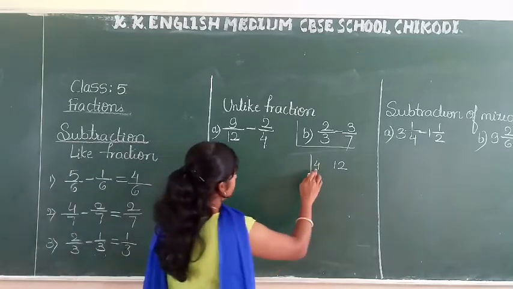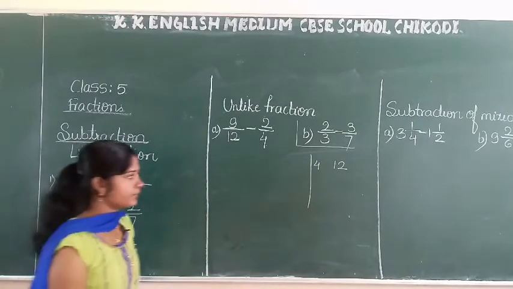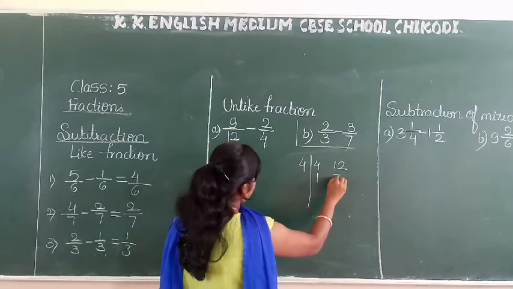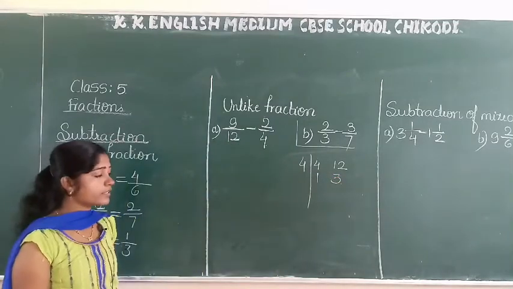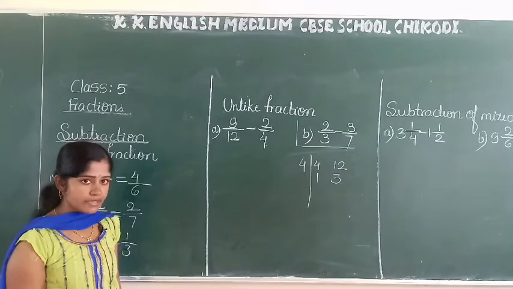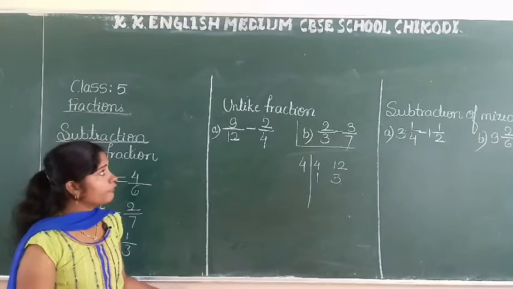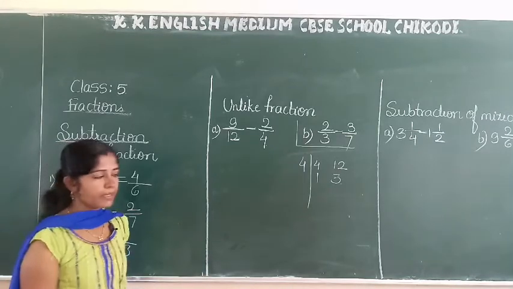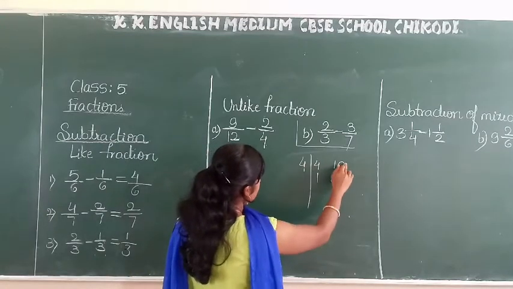Then let us start. See here, 4 and 12 are there in the 4 times table. So you take 4 ones are 4, 4 threes are 12. I hope you have practiced how to find the LCM of the given numbers. There are so many methods, but when you are solving in fractions, you use the division method. 4 ones are 4, 4 threes are 12.